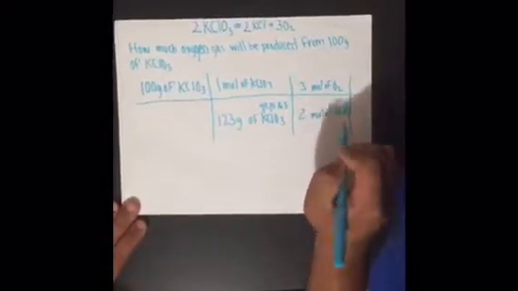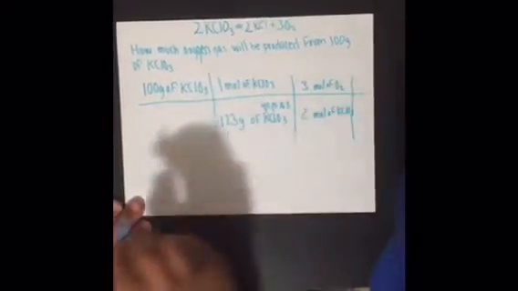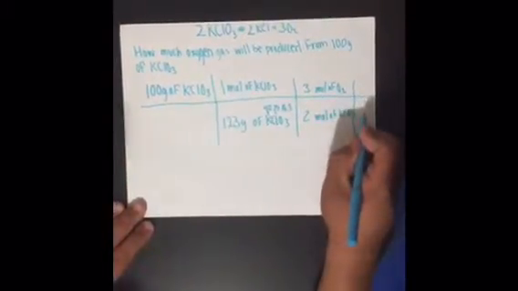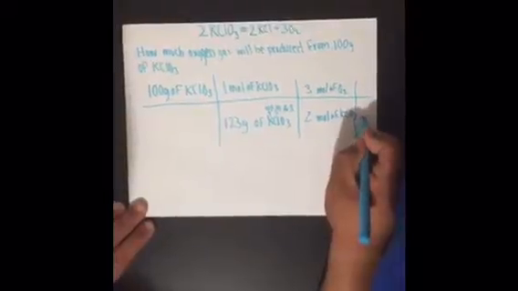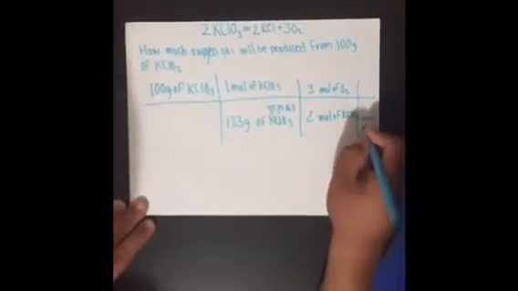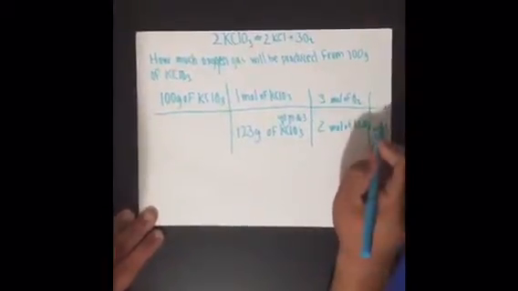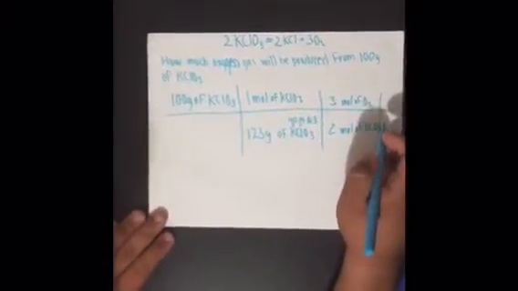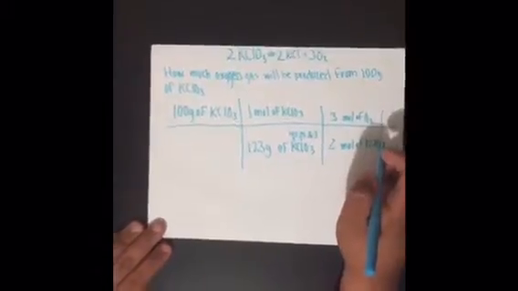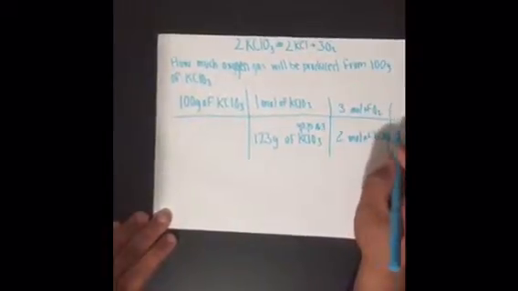Alright, after that I put mole of O2, and to find the number you basically go again to your periodic table, so 16 plus 16 equals 32.